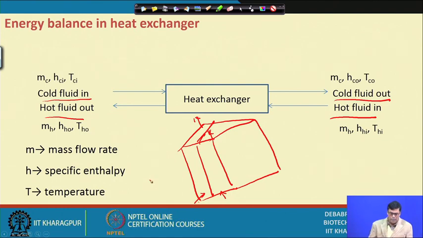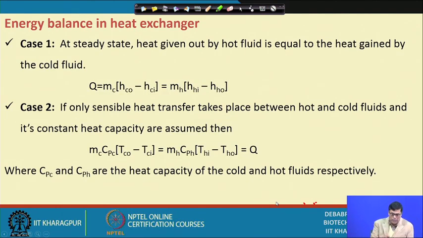Now, in case 1, at steady state, the heat given out by the hot fluid is equal to the heat gained by the cold liquid. It can be expressed like this: mC Cp (Co minus Ci), and similarly we can express it for the hot fluid.